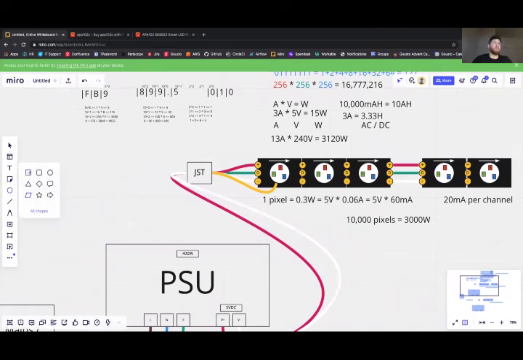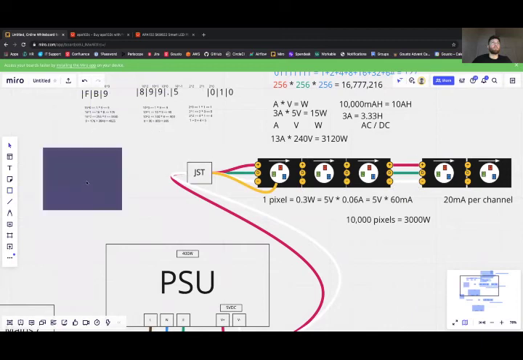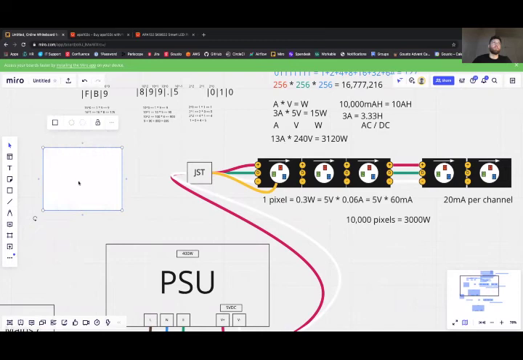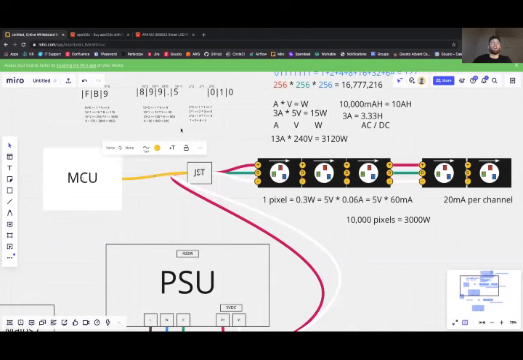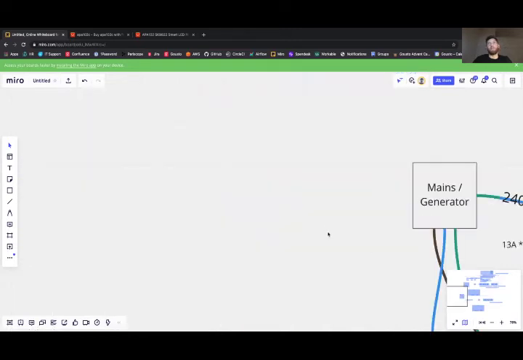Let's draw it into our diagram. Such a gross color. This is going to have a data output. Let's get rid of our clock. It's going to have a data output which goes directly into your LEDs.